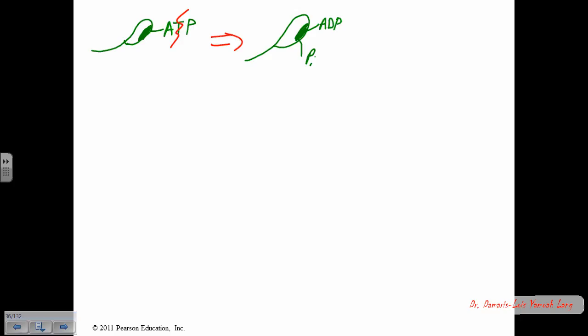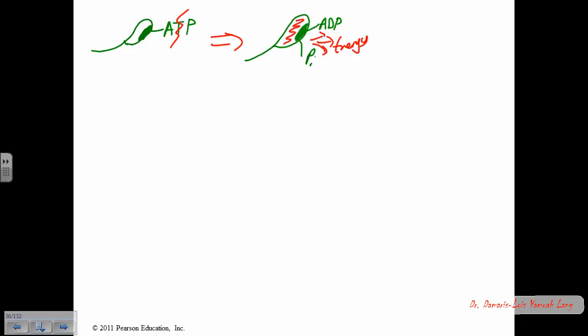Which will cause the release of energy. And that energy will energize the myosin head. And that is what they call cocking.